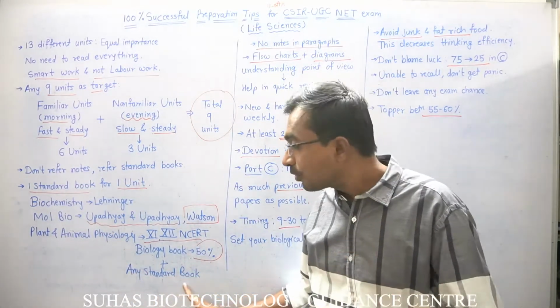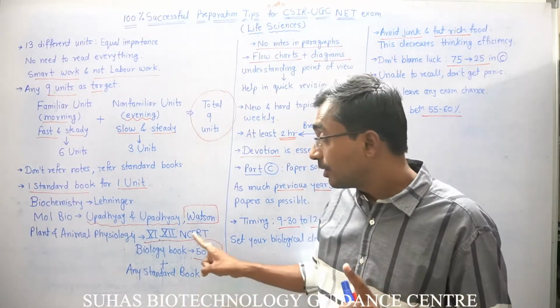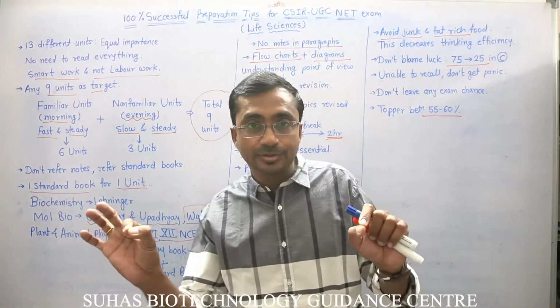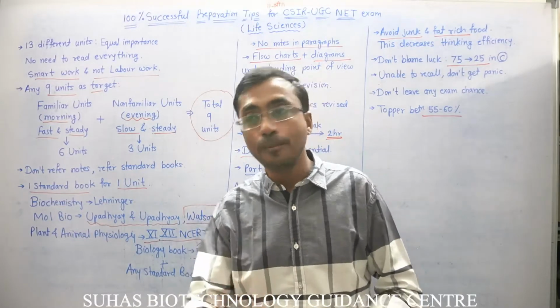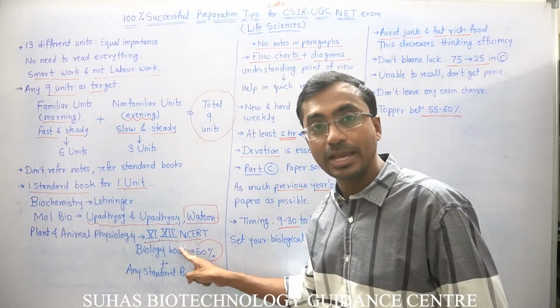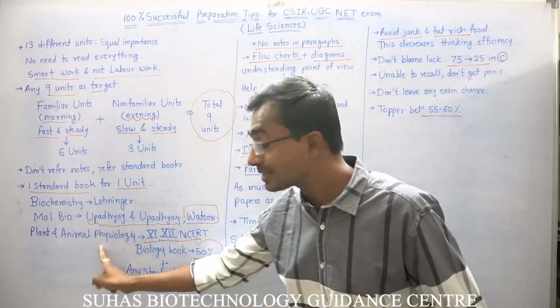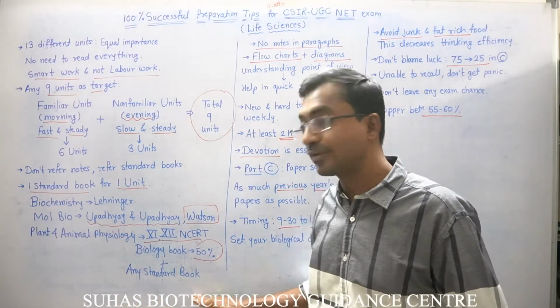But before reading any standard book, go for 11-12 NCERT biology. Even if you have state board in 11 and 12, still buy these 2 NCERT biology books and go through them thoroughly. 50% of these topics will be covered through this. For the rest of the 50%, refer to any standard book.